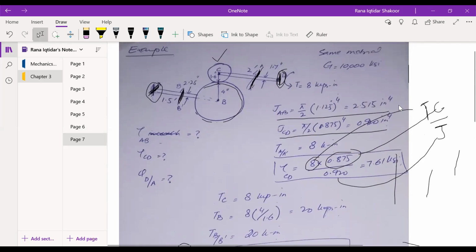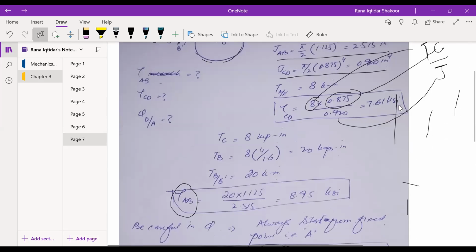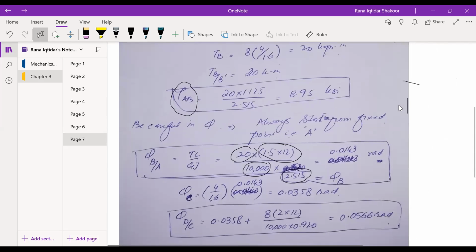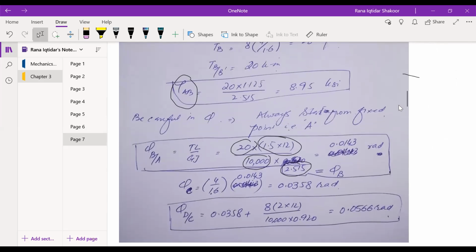But at this particular point C now, if we want to calculate phi CD, then definitely it will be different from the phi C only. So phi DC will be 0.0358 plus 8 into 2 into 12 over this whole amount.